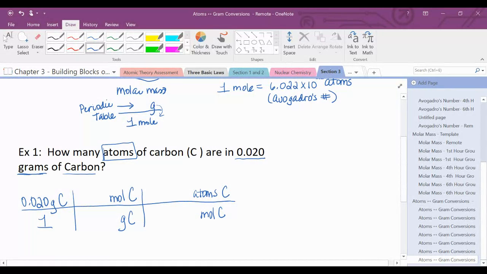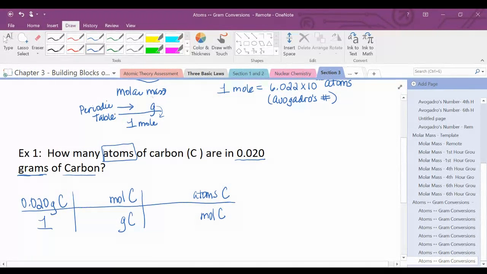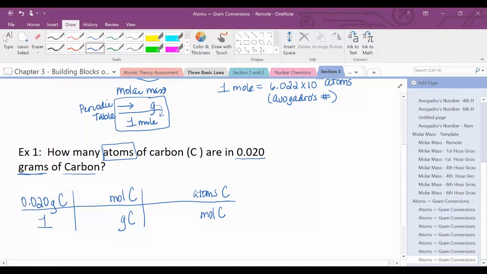All right, then we're going to plug in numbers. Looking at the molar mass, the number in front of moles is going to be a 1, and the number in front of grams comes from the periodic table. If you need to pause the video to get out your periodic table, go ahead and do so. To help you along, carbon is atomic number 6, and its mass is 12.01.